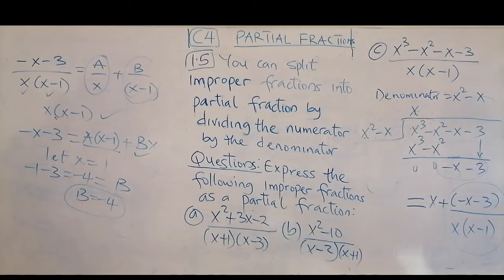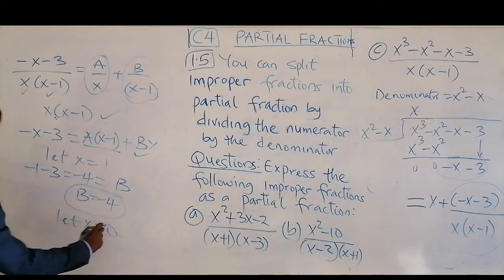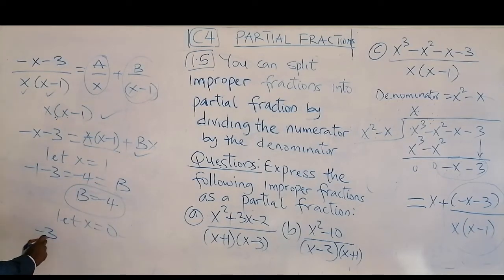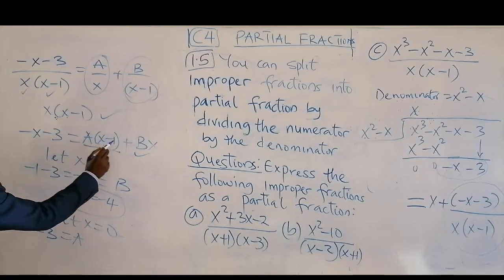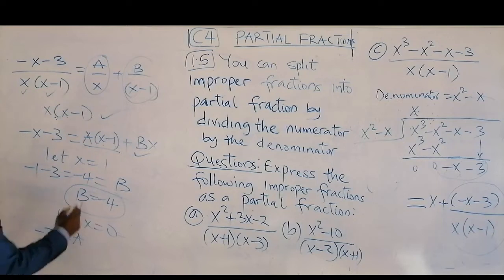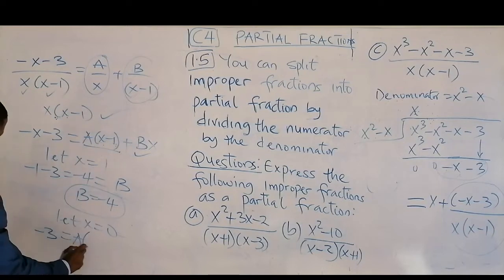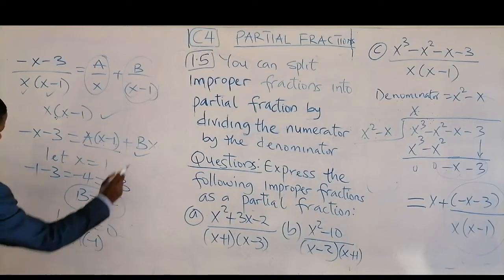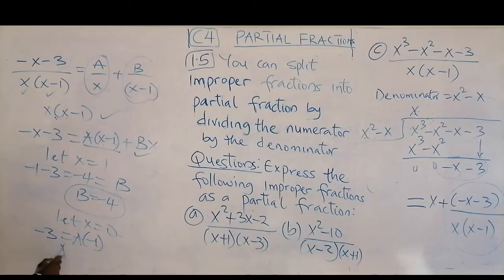Then just pick any small value. Let x be equal to 0. So I have minus 3 on the left. This will be equal to a times 0 minus 1, that's minus 1. This will cancel. So a is 3.